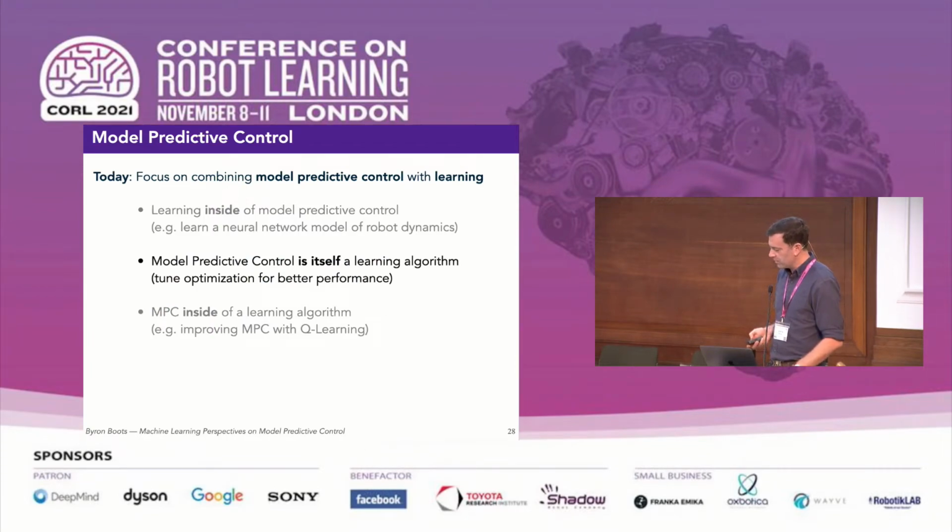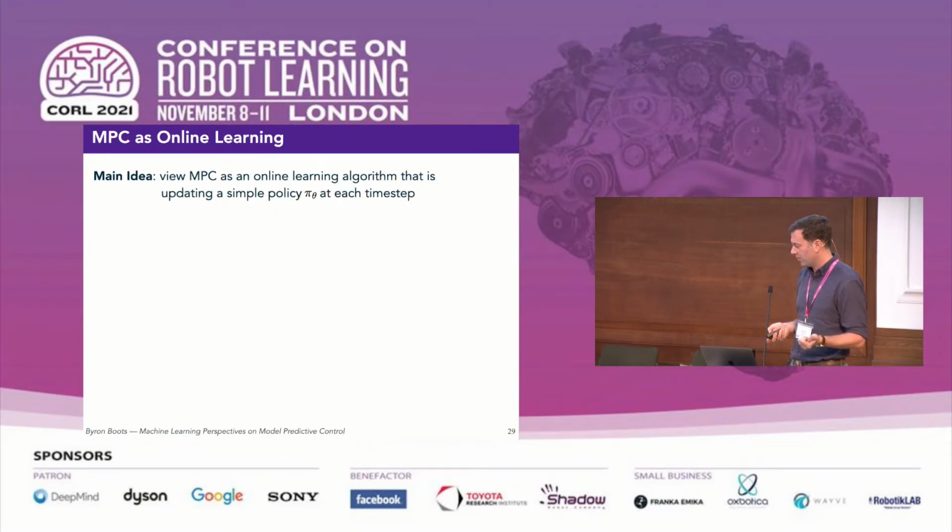Okay, so the next thing that I want to do is step back, and we're going to now look at the second perspective of thinking about machine learning and MPC. The idea here is that model predictive control itself can be viewed as a learning algorithm, which I think is kind of cool.